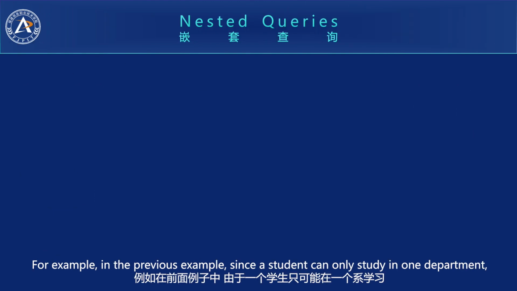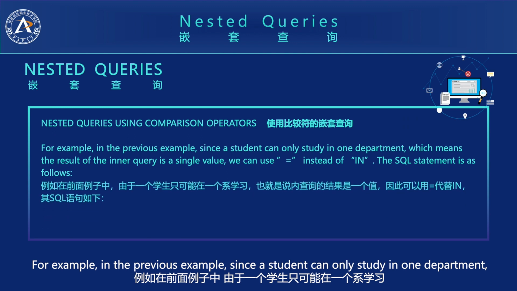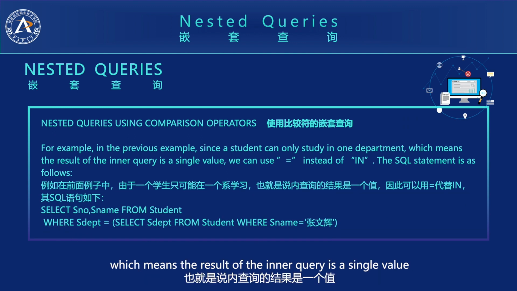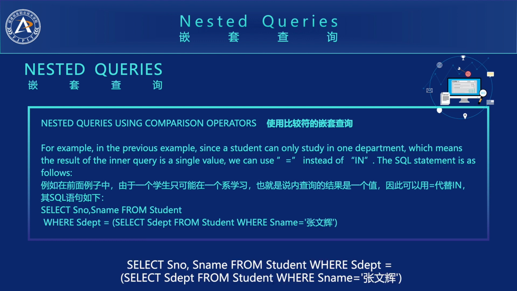For example, in the previous example, since a student can only study in one department, which means the result of the inner query is a single value, we can use equals instead of in. The SQL statement is modified as follows.